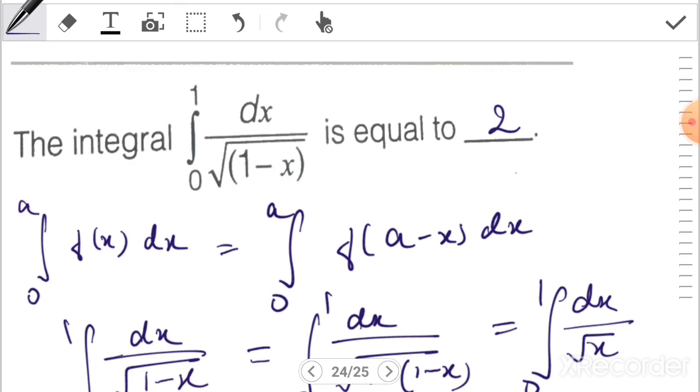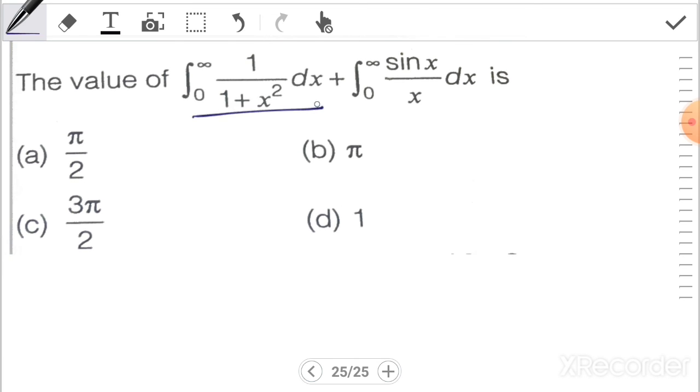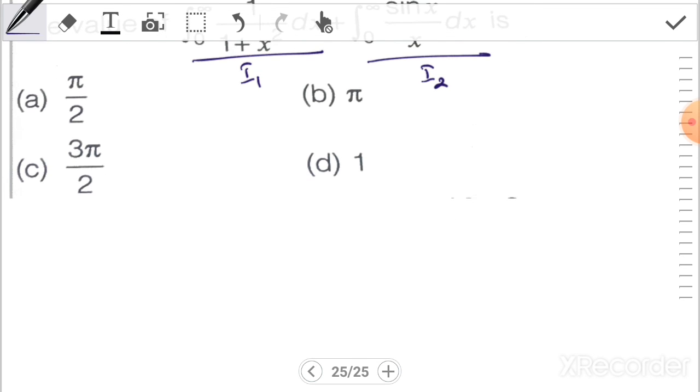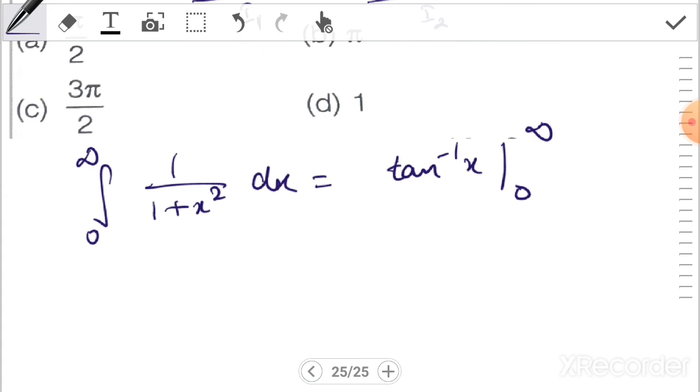Now let us go to the next problem. The value of integral 0 to infinite 1 by 1 plus x square dx plus integral 0 to infinite sin x by x dx is. So say this is I1 and this is I2. Integral 0 to infinite 1 by 1 plus x square dx is direct tan inverse x, 0 to infinite.